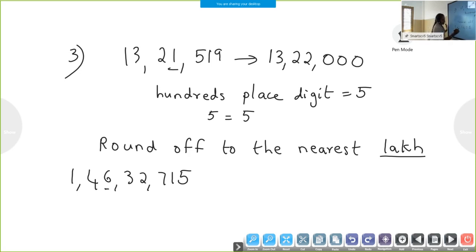The digit in the lakhs place is 6. Okay, then what is the next step? Then you have to identify the digit next to the lakhs place. It is the ten-thousands place digit.